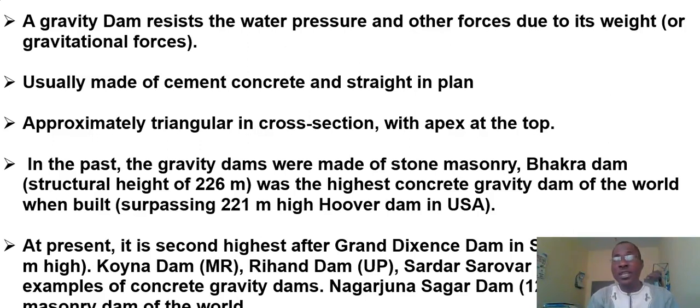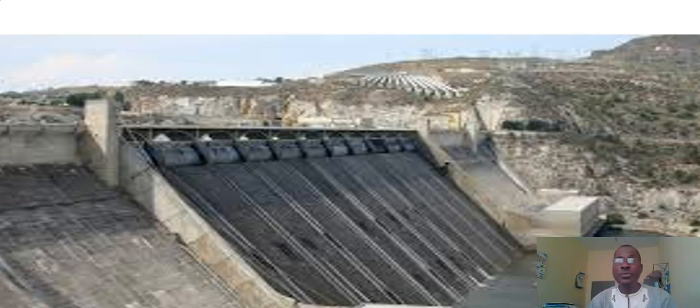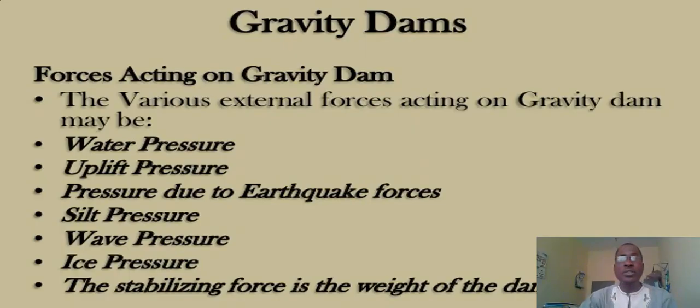At present, it is second highest after Grande Dixence Dam in Switzerland, about 285 meters high. Koyna Dam, Rihand Dam, Sardar Sarovar Dam, etc., are a few examples of concrete dams. Nagarjuna Sagar Dam, 125 meters, is the highest masonry dam in the world. These are just a sample of the concrete dams built across the world.